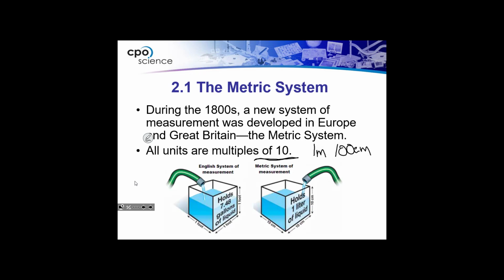So it's 2 times smaller, so there's our base 10. 1 time larger would be 10 decameters.